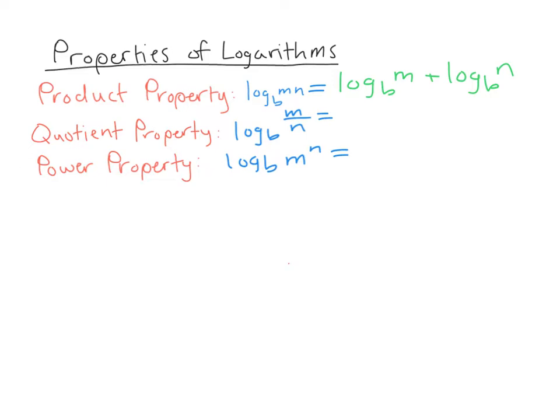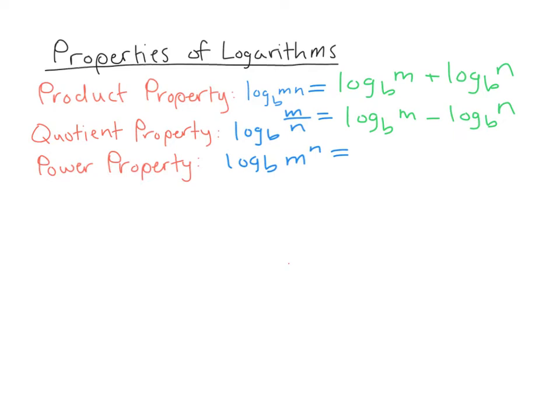They expanded the logarithm. Now, for a quotient property, anytime we deal with division, it's going to be subtraction. So now I have the log base b of m minus the log base b of n. Okay, so very similar, but just instead of a plus, it's a minus.